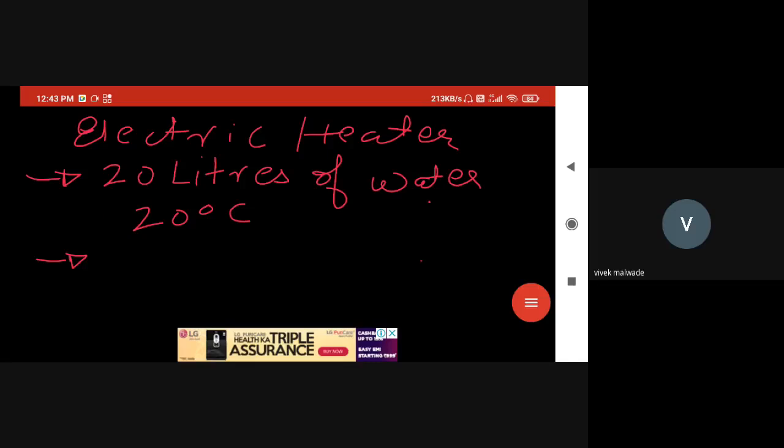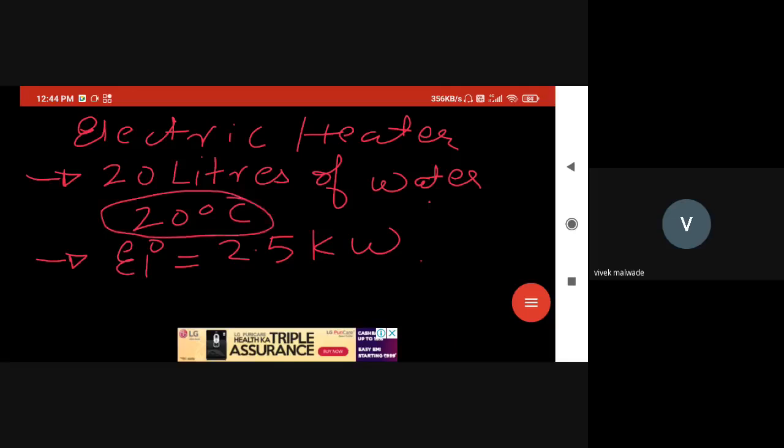The input power, or wattage, of the electrical heater, that we write as EI, is equal to 2.5 kilowatts. We are raising the temperature of the water from 20 degrees Celsius to 95 degrees Celsius.